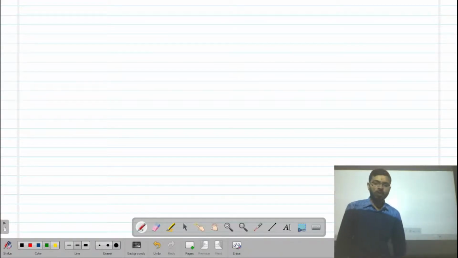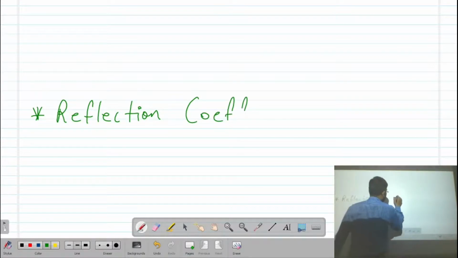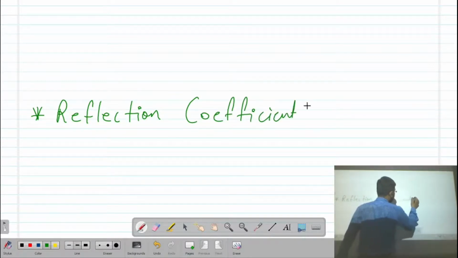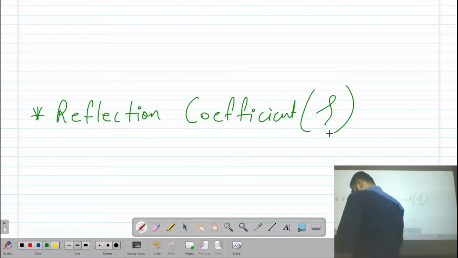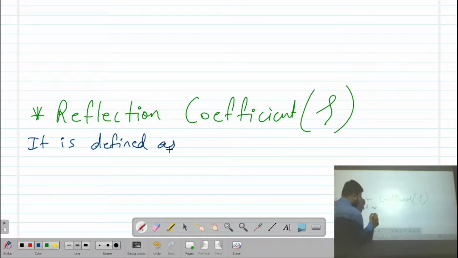The reflection coefficient rho is nothing but the ratio of the reflected voltage to the incident voltage.